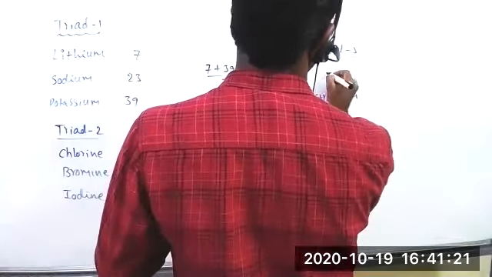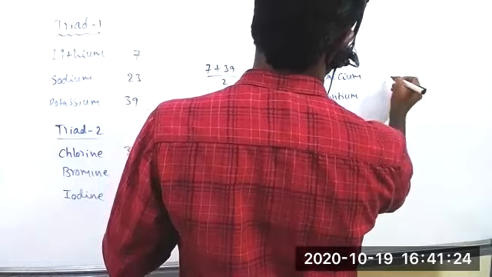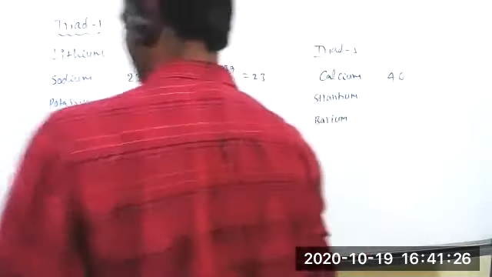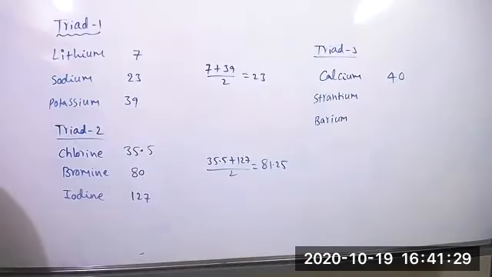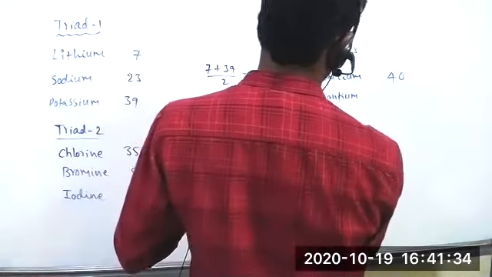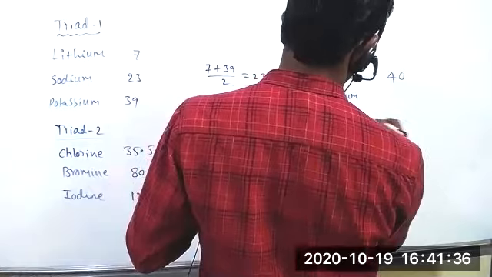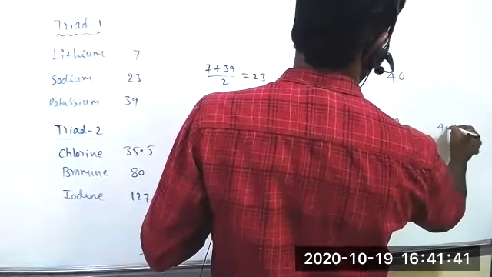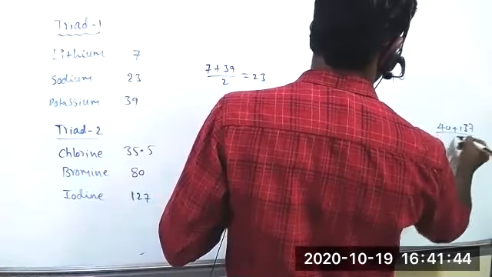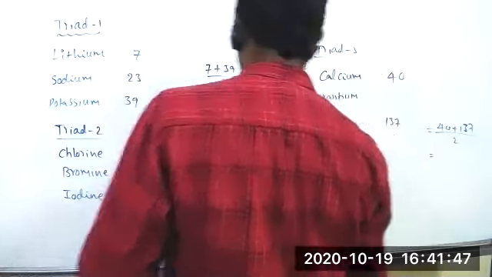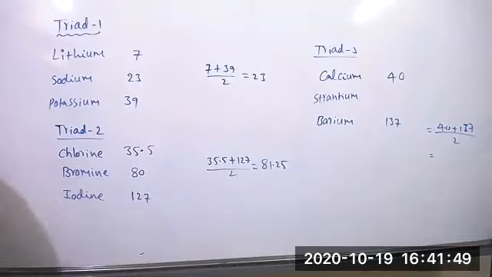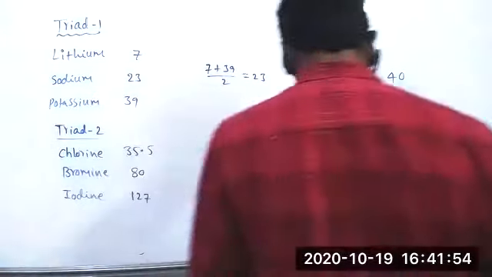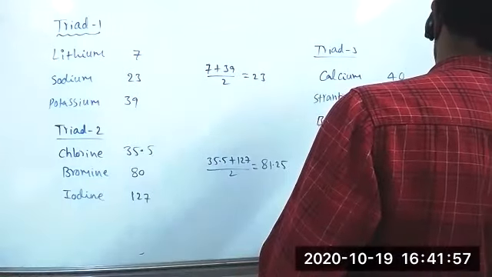Calcium is 40, barium is 137. What is the arithmetic mean? 40 plus 137 divided by 2 is 88.5.